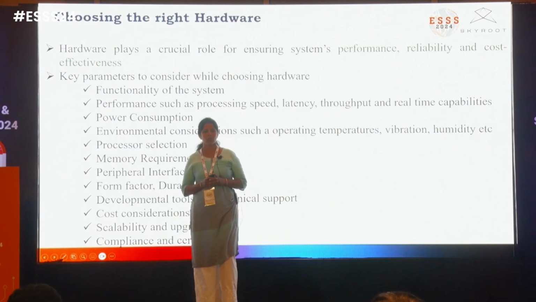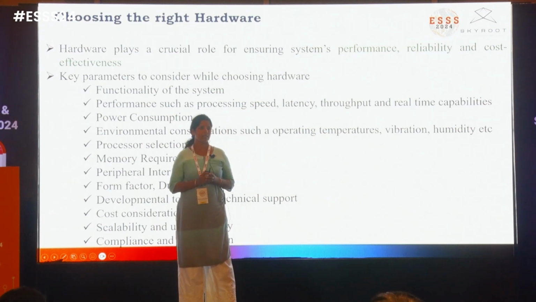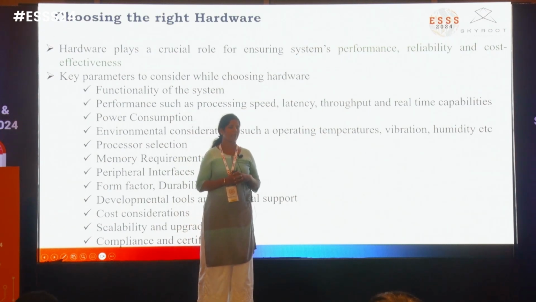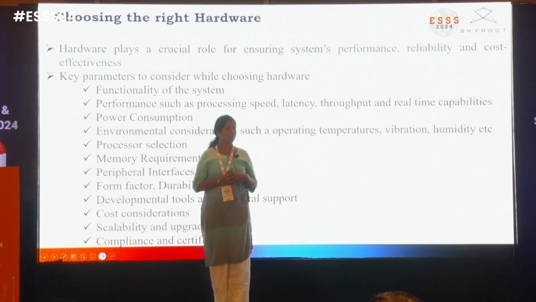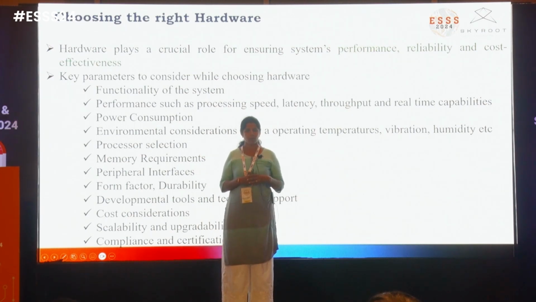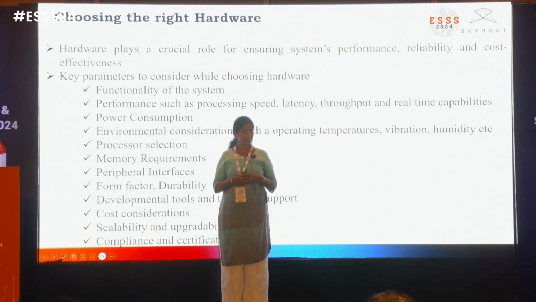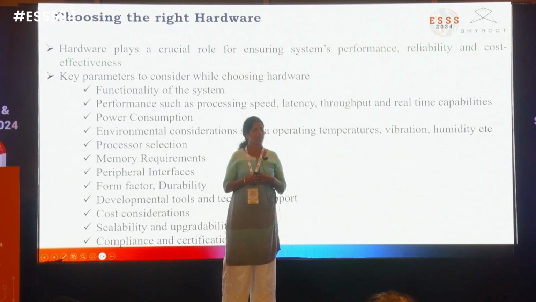Yeah. So now choosing the right hardware. The hardware is the core component for any embedded system. So whatever software we develop, it finally goes onto the hardware. So the key parameters to consider while choosing the hardware are processing speed, latency, clock, and memory, how much memory we want to use for our system.